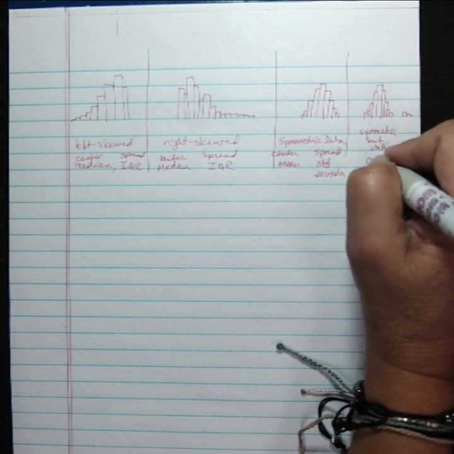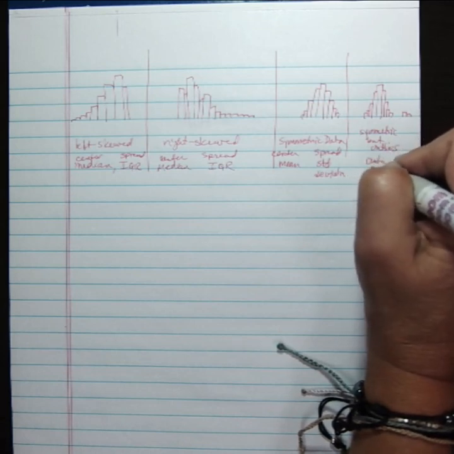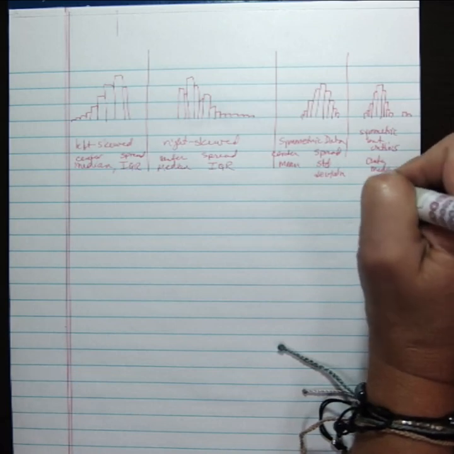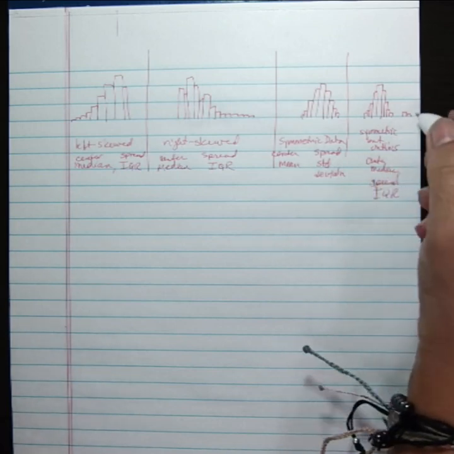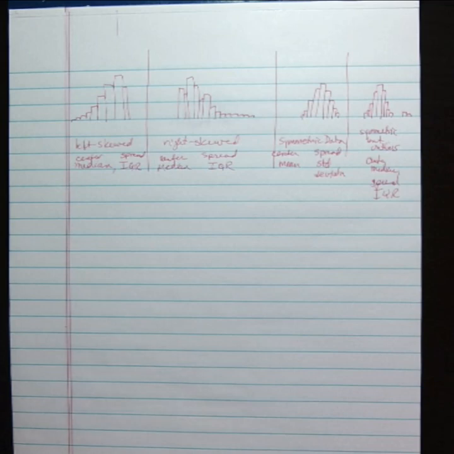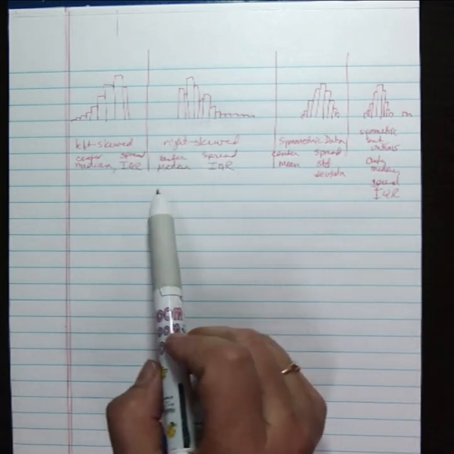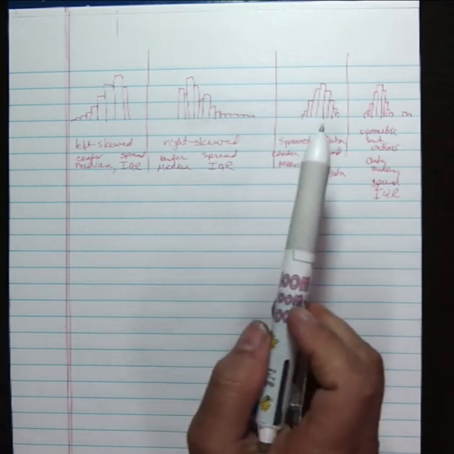So we would use for center the median, and for spread the IQR. So whenever there's outliers, we want to use the median and interquartile range. For asymmetric data, median and interquartile range. Symmetric data, the mean and standard deviation.